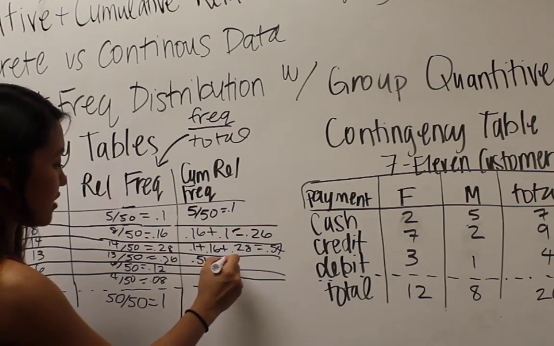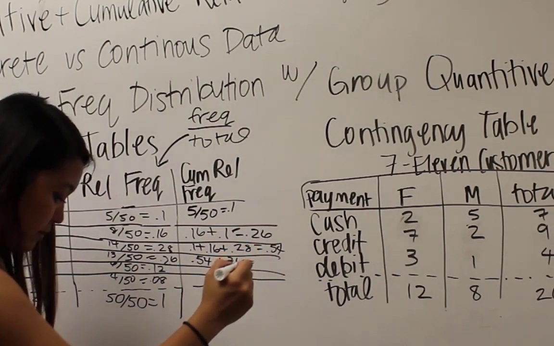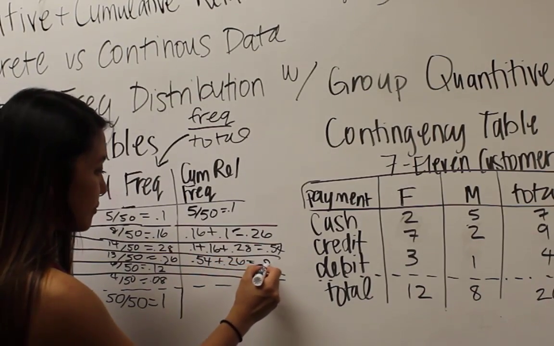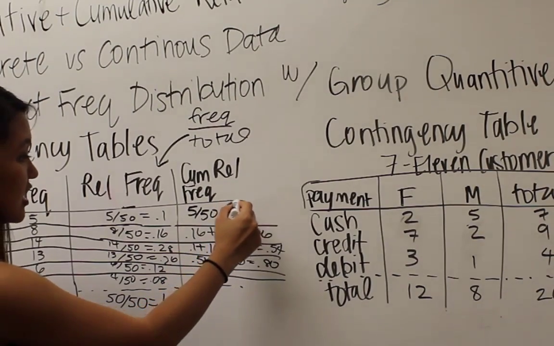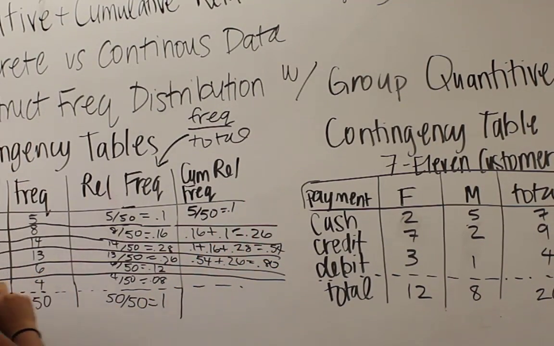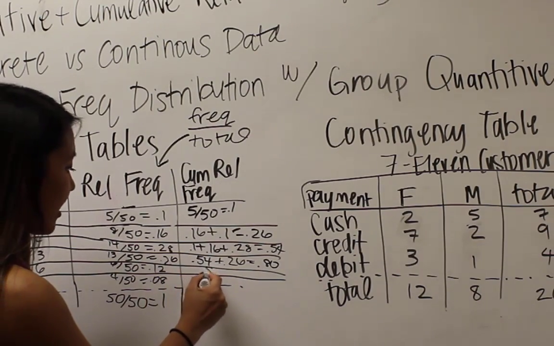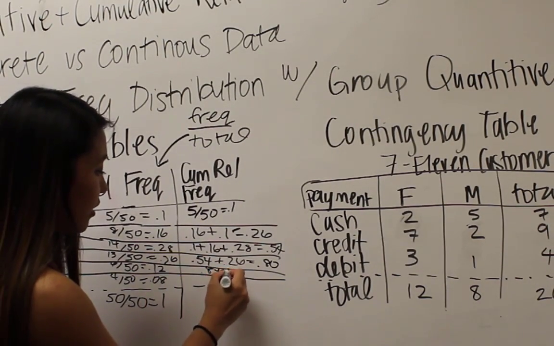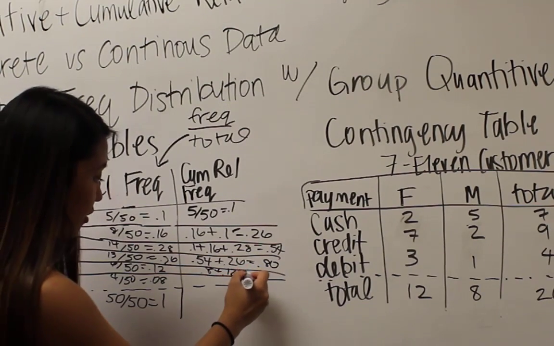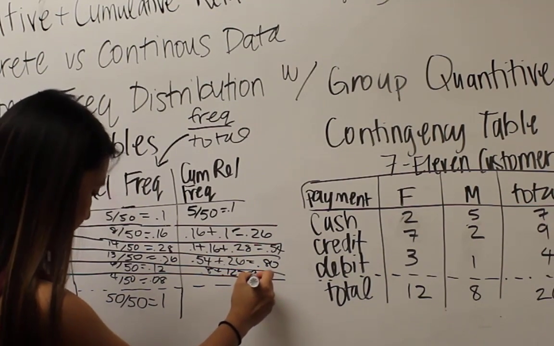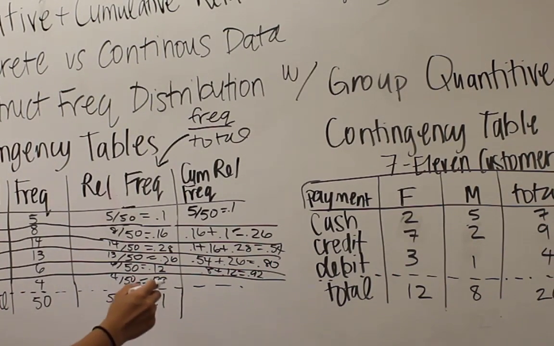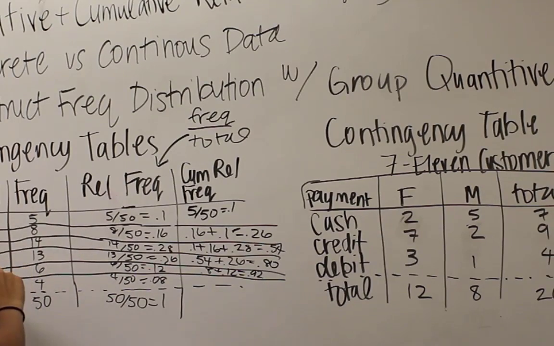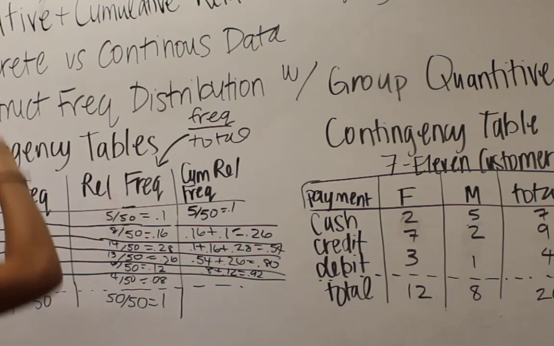And then we just add on 0.26, which would be 0.8. And then the next one would be an accumulation of all these 4 above, plus the probability of it happening 4 times, which would be 0.8 plus 0.12, which equals 0.92.